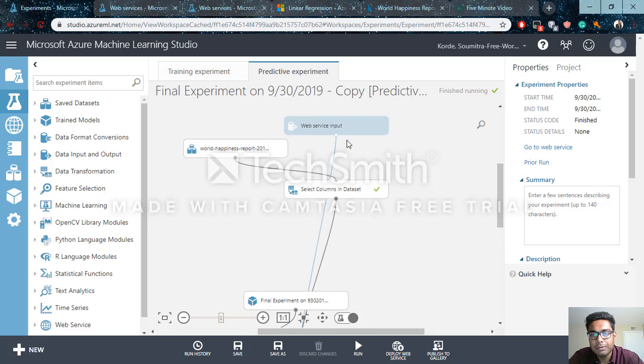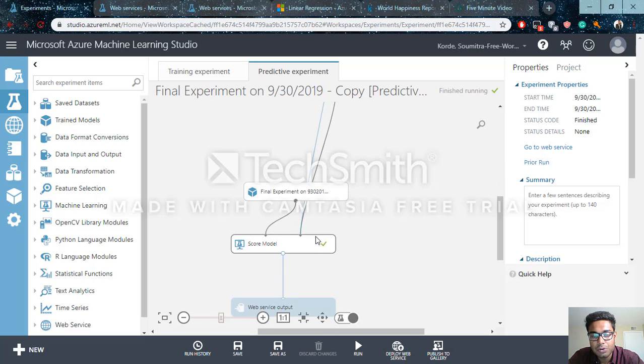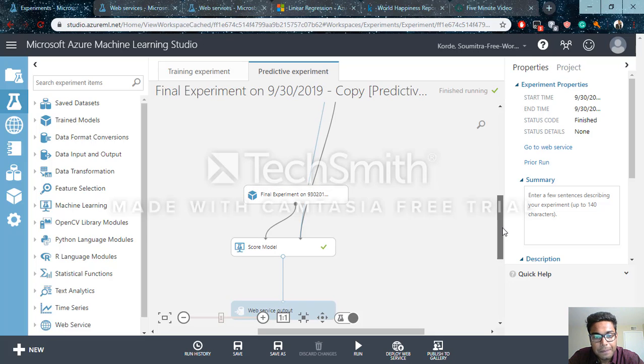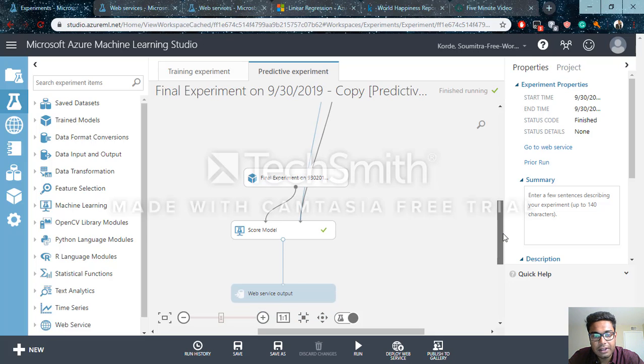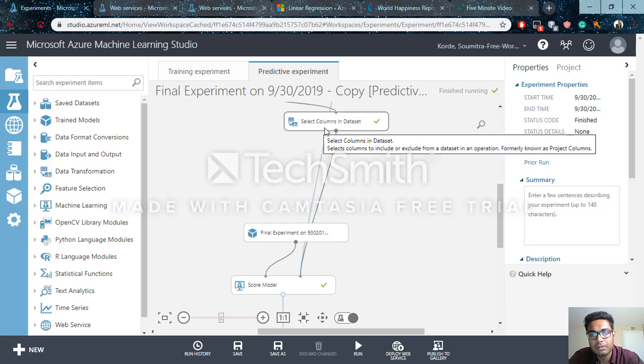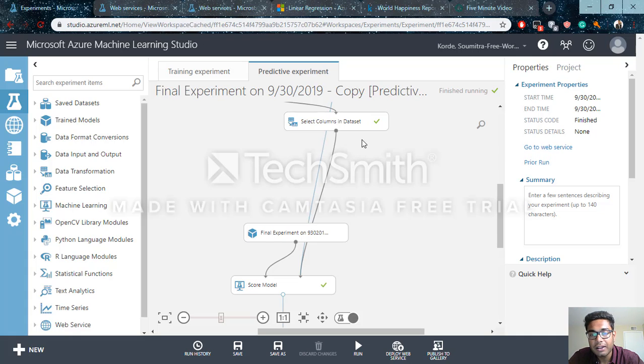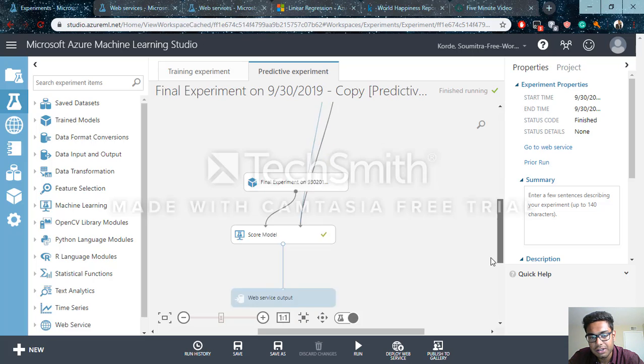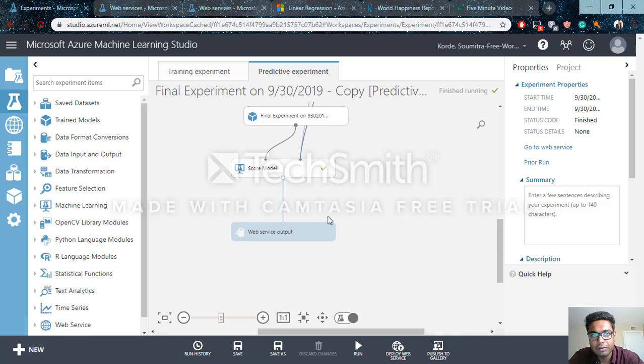The data we get from the web service input is given to the score model. Of course, I have excluded the column 10 from the data set, as we are going to predict this after deploying the web services.